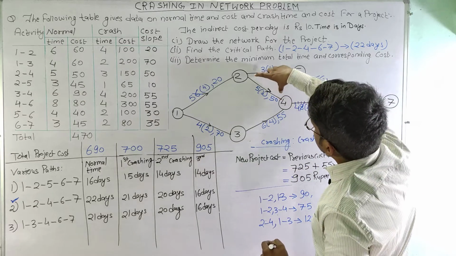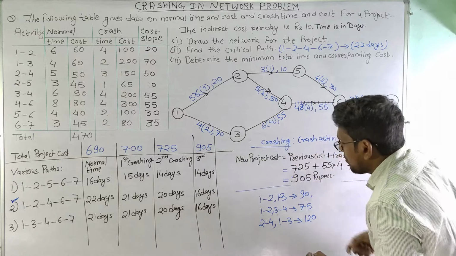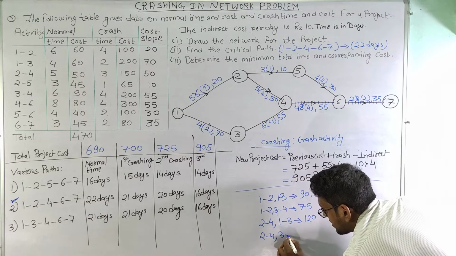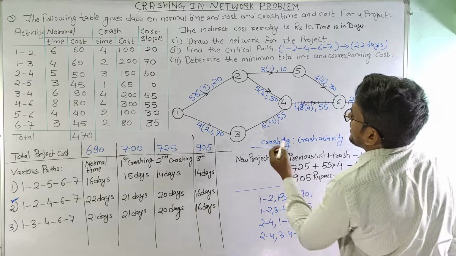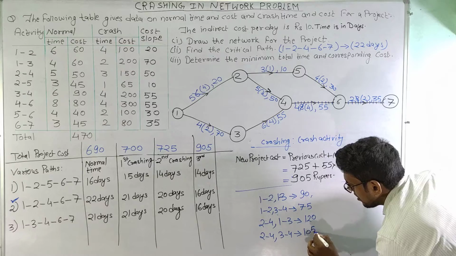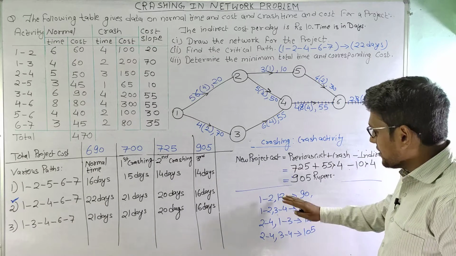And similarly, I can crash activity 2-4 with 3-4, and this will give the crash cost as 50 plus 55 is 105. So these are the combinations in which we can crash the activity.